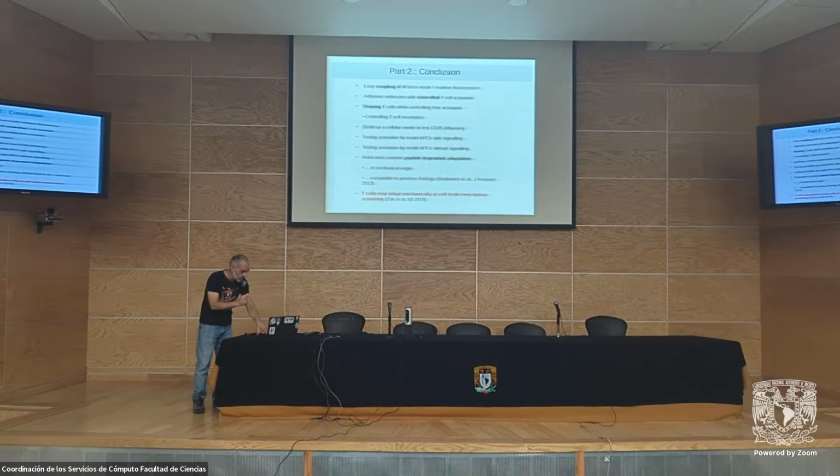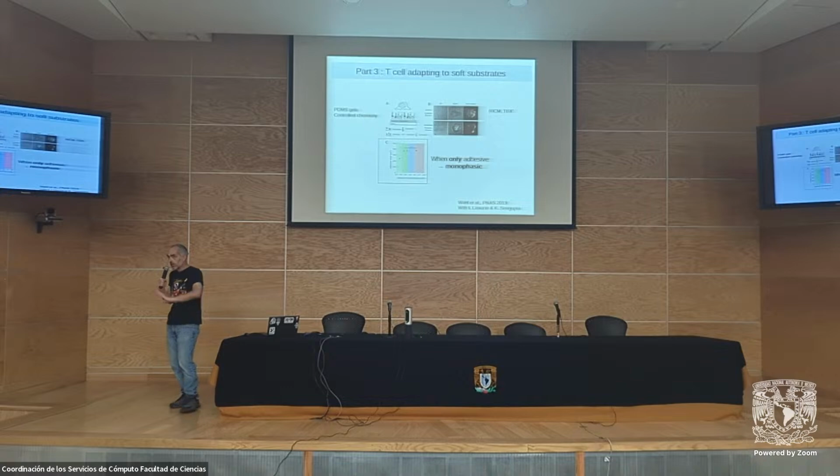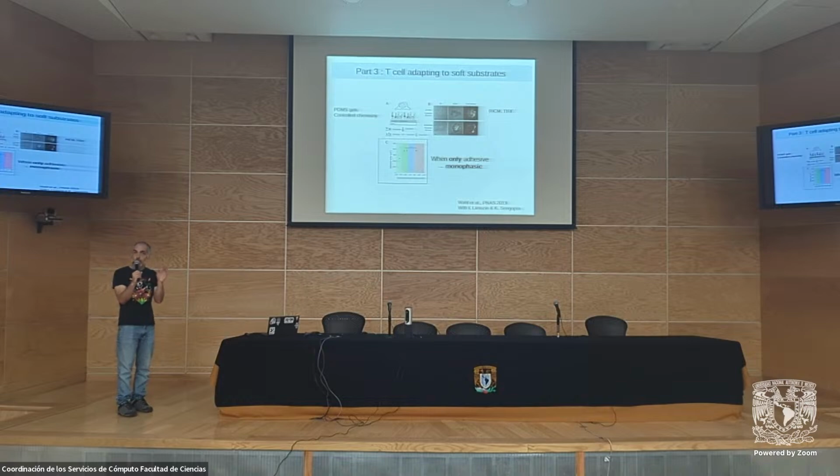So if I go one step further, and this is the work mainly of Laurent and Keya, that I'm using to bridge the different scales, what we've seen also is that the T cell can adapt to substrate. Yesterday, we've seen that if you tune the rigidity by tuning the red blood cell rigidity, then the cell reacts differently.